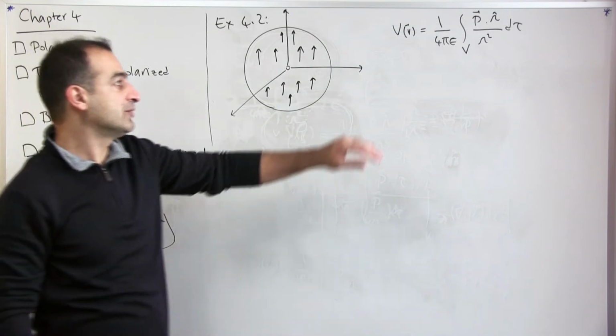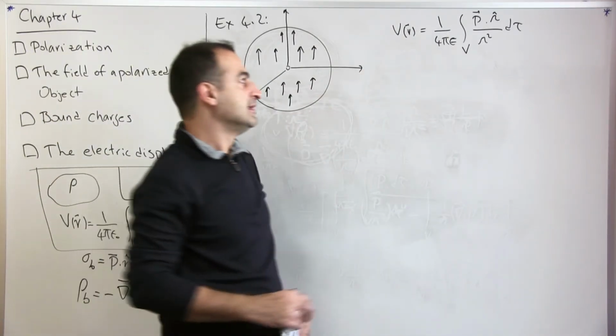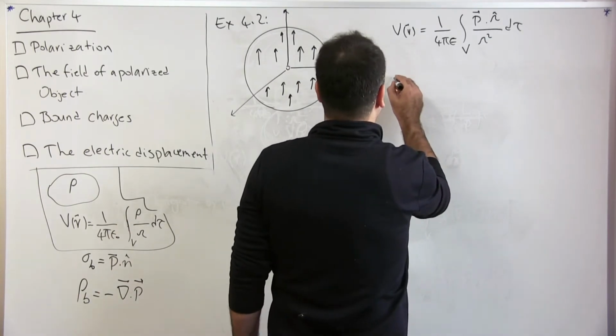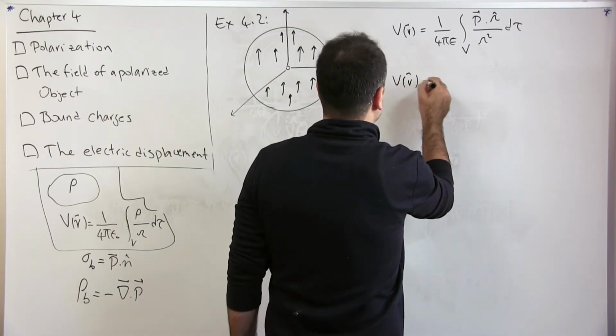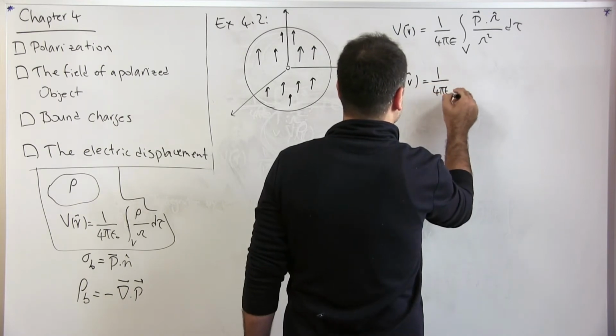So this is one way, but it's not easy. So instead of that, what I'm going to do is say this is equal to the integral of 1 over 4 pi epsilon 0.